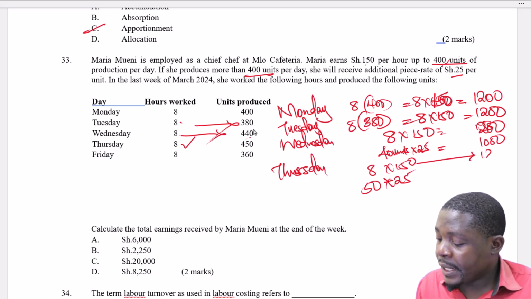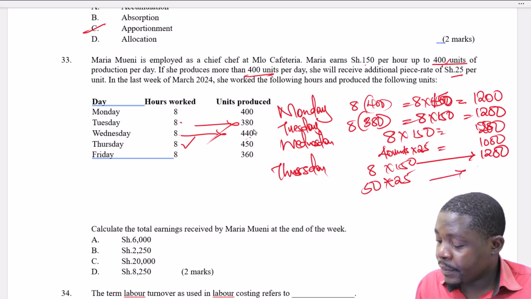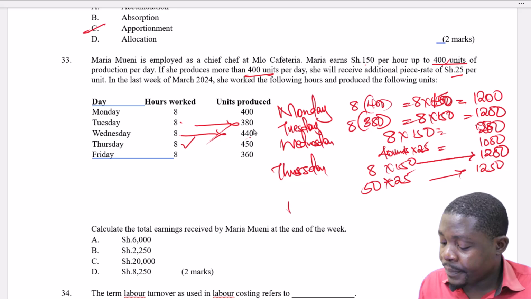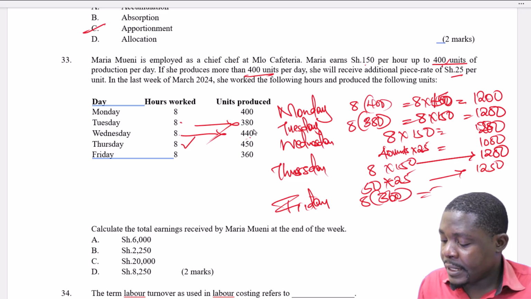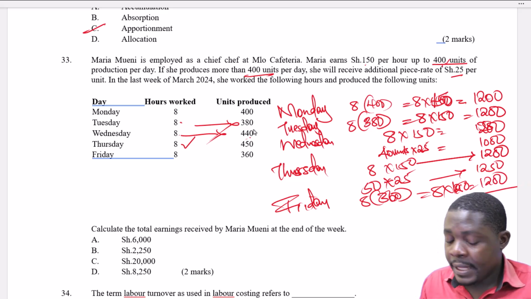This one we are getting 1200, and then 50 multiplied by 25, we have 1250. And then on Friday, she worked 8 hours and produced 360 units. We just do 8 multiplied by what? 150, 1200.